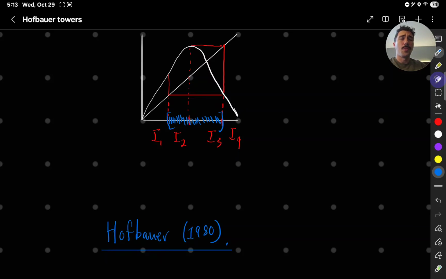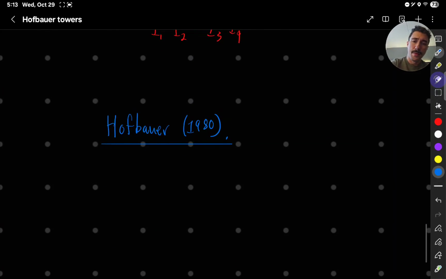He proposed that instead of partitioning the interval, the domain of the map, why don't we construct a separate space that is more nicely behaved than the interval and lift the dynamics of the interval map F to that other space. So he proposed that we build Hofbauer towers. And it turns out that actually there will be a Markov graph for these.